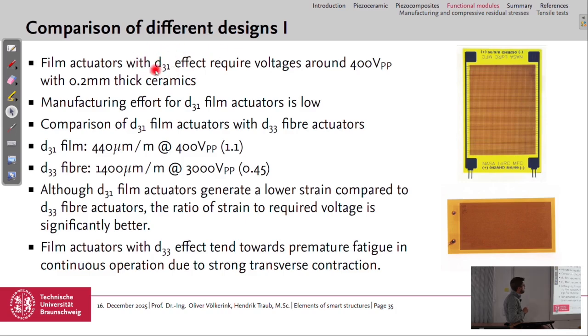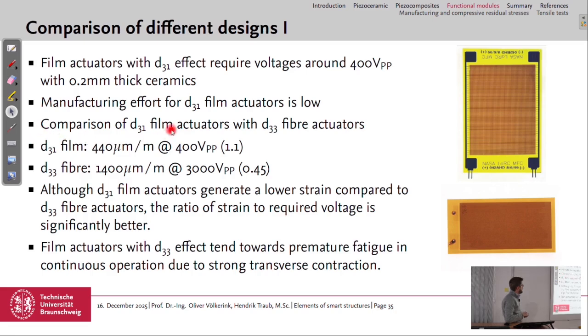For D31 transducers, we require voltages of around 400 volts peak to peak when they are 200 micrometers thick. But the manufacturing effort is really low for the D31 film actuators because we can use planar electrodes and don't need interdigital electrodes.